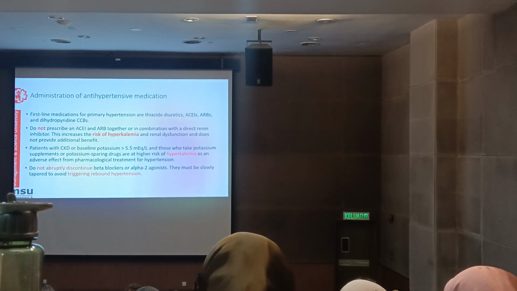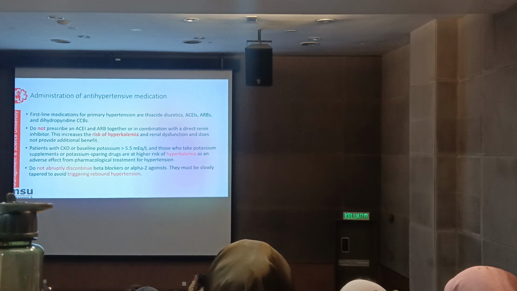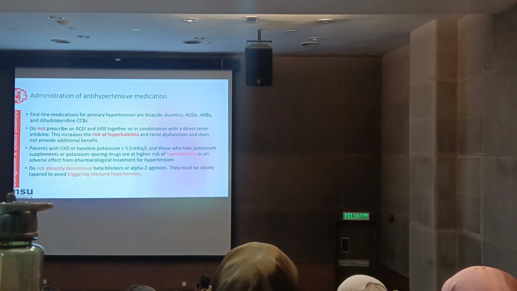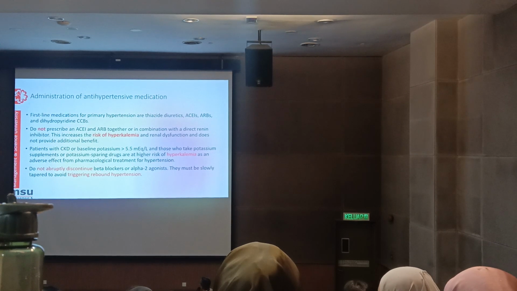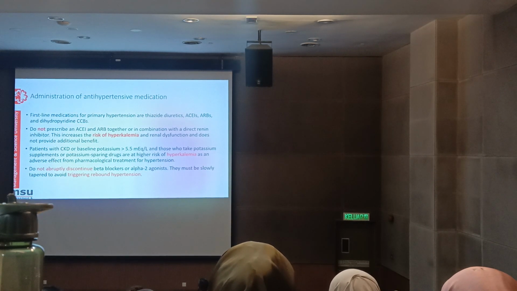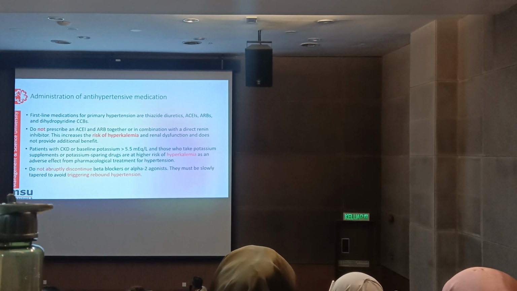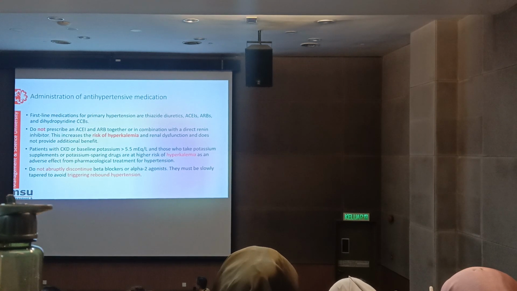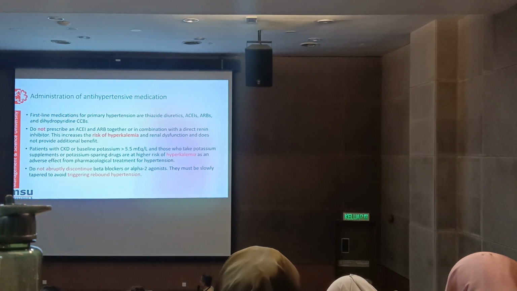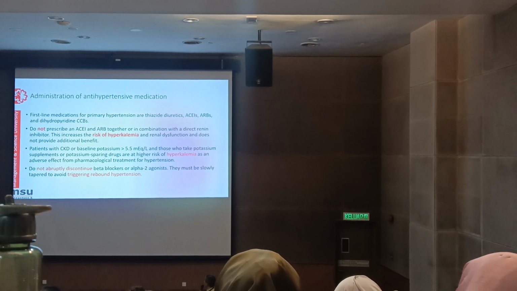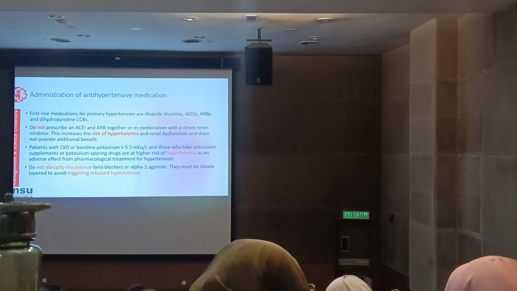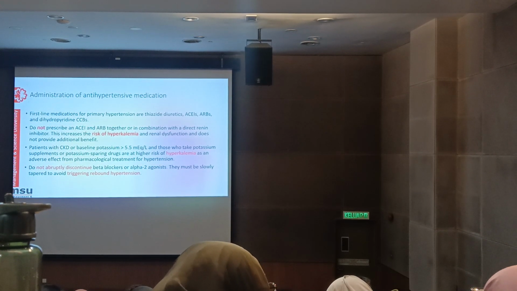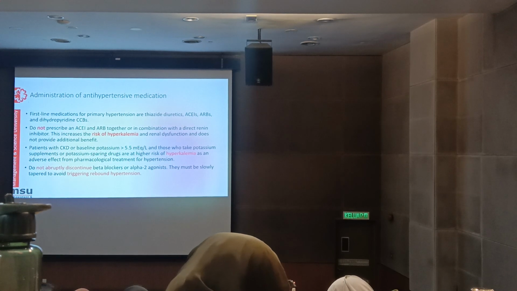Administration of antihypertension medication. Okay, what I need to explain here. First line medications for primary hypertension are thiazide diuretics, as I mentioned before. Do not prescribe ACE inhibitors and angiotensin receptor blockers together, or in combination with direct renin inhibitors.